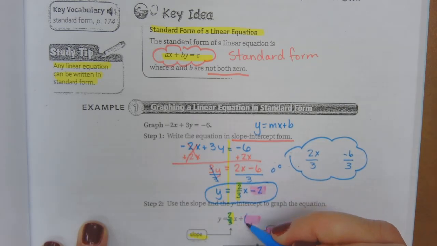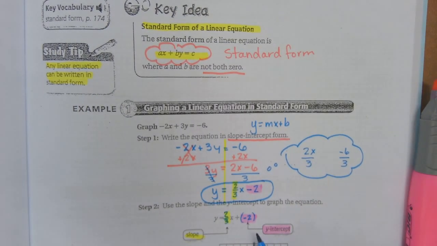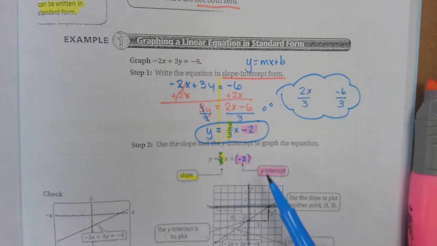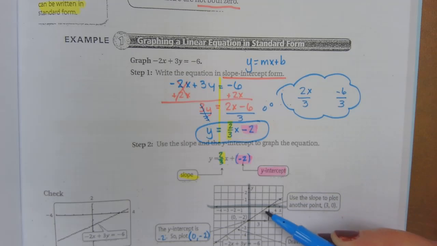And so our y-intercept is negative 2. So the first thing we want to do is start with our negative 2 y-intercept. And since the y-intercept is negative 2, we're going to plot our first point at 0, negative 2, and plot that point.